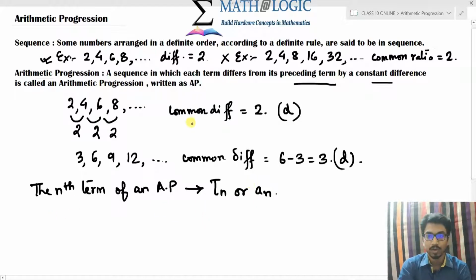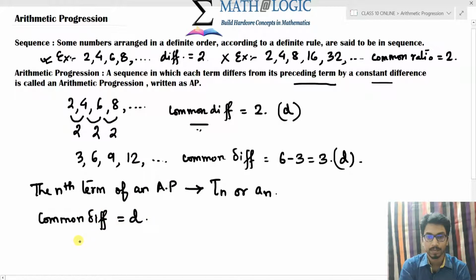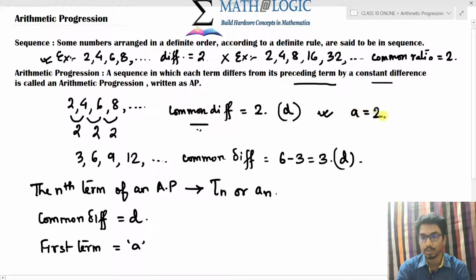As I already told, the common difference is denoted by the letter D. Common difference is equal to D. The first term is denoted by the letter A. So that means in this case the first term is 2, and in this case the first term, that is A, is 3.